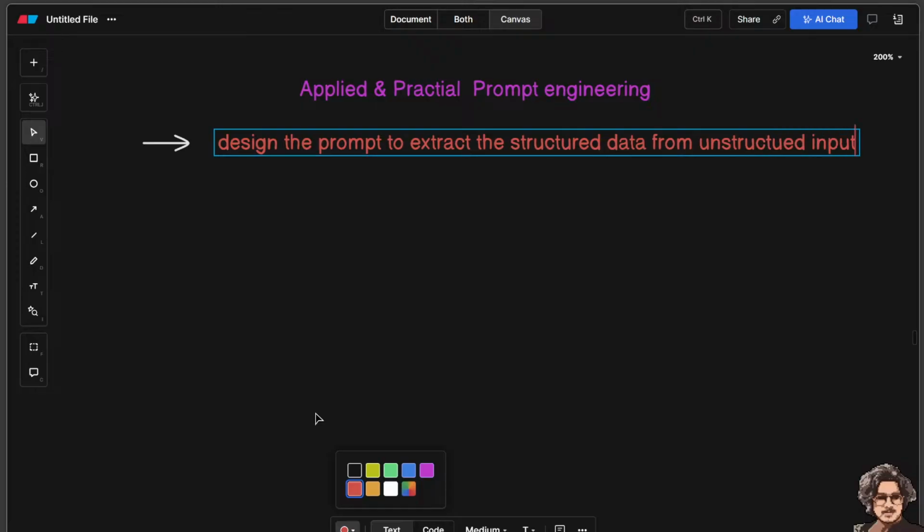So this is the question: design a prompt to extract the structured data from the unstructured input.